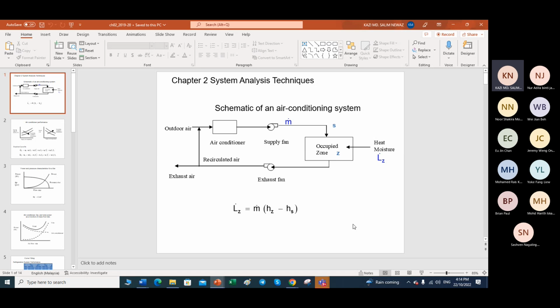The thermodynamic relation can be represented by the term LZ. It can represent M into delta H, that is, mass of the fluid into change in enthalpy, which gives us the amount of energy considered for this case.